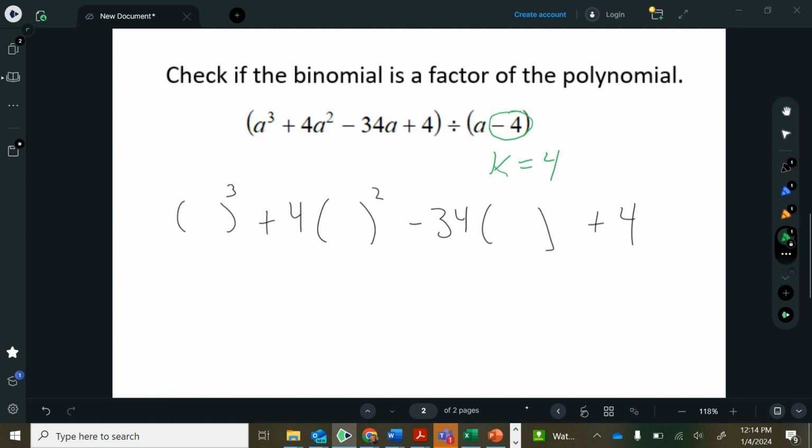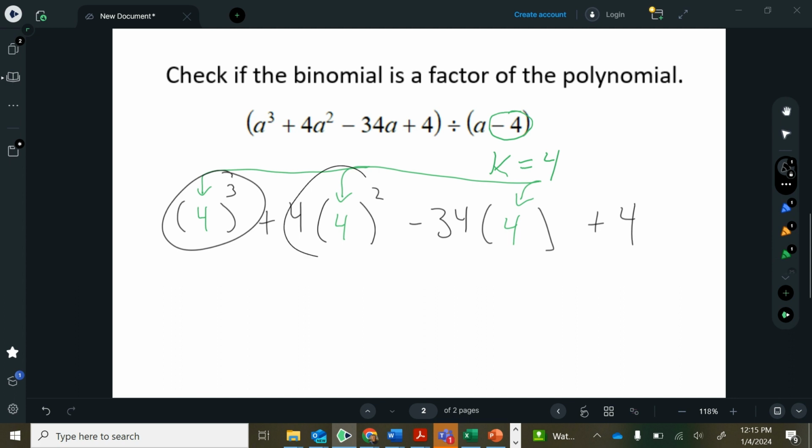So we're going to take the 4, plug it in here, and here, and here, and then we're going to evaluate. Now, if you're doing this by hand, this method is actually harder than synthetic division, at least in my opinion, because you'd have to calculate all these by hand, and then add them all up. But if you're using a calculator or technology, this can go pretty quickly.